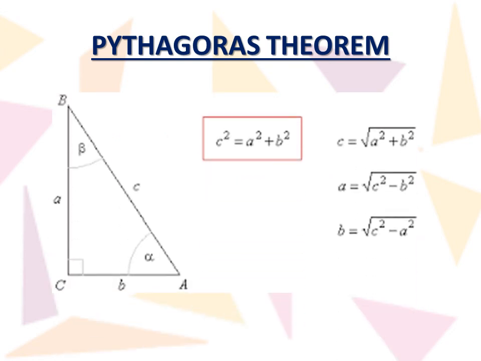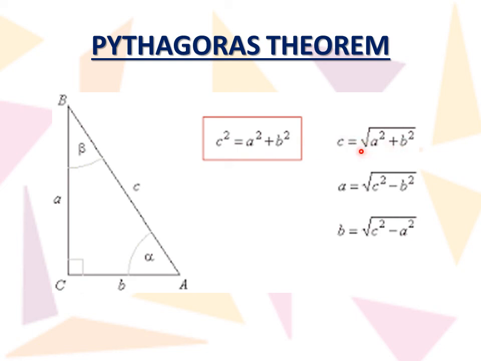From this Pythagoras theorem, we can find out the length of the other side of the right angle triangle. Like in this formula, we said that hypotenuse square is equal to the sum of the squares of the other two sides of the right angle, that is a square plus b square. So C can be the square root of a square plus b square.